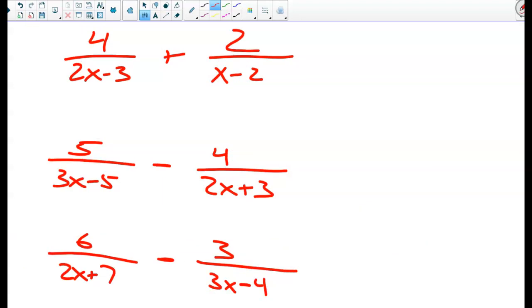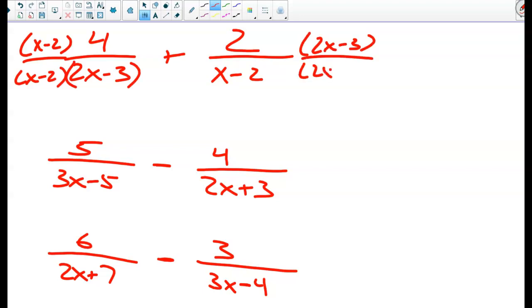All right, so here, my denominators are representing x minus 2 over x minus 2. And then 2x minus 3 over 2x minus 3. On top, I'm getting, I'm sorry, not 8x, we're getting a 4x minus 8 over x minus 2, 2x minus 3.